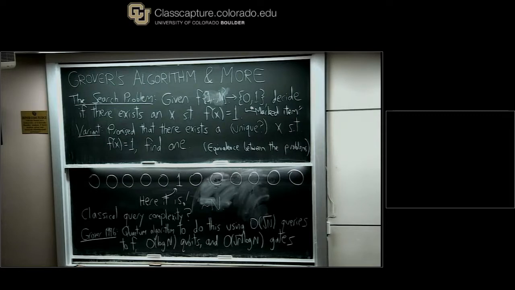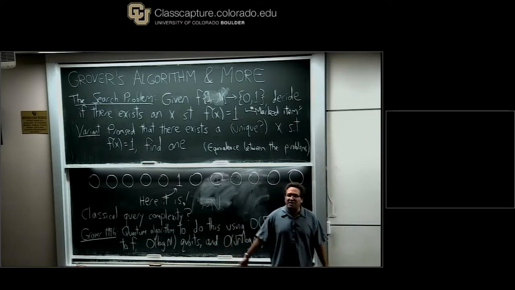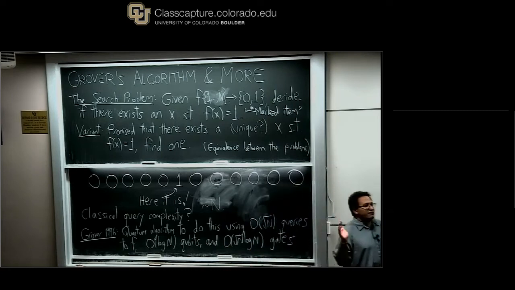Moreover, this algorithm is also efficient in terms of memory and in terms of gate complexity. It uses only a logarithmic number of qubits, meaning that it doesn't need any workspace. It just needs enough memory to index an input to f. And the number of gates is just square root of n times a logarithmic factor.